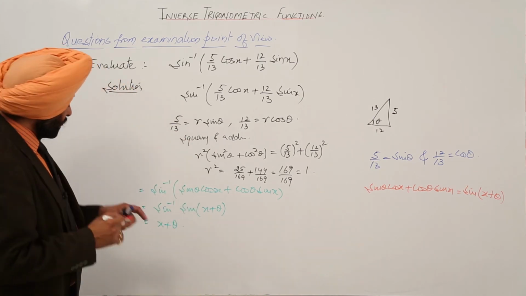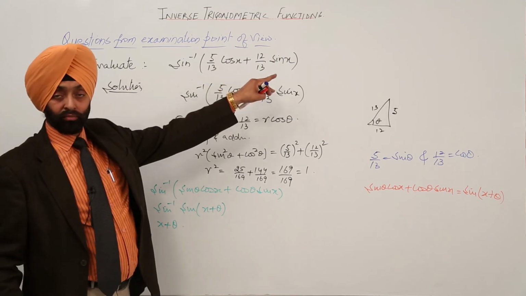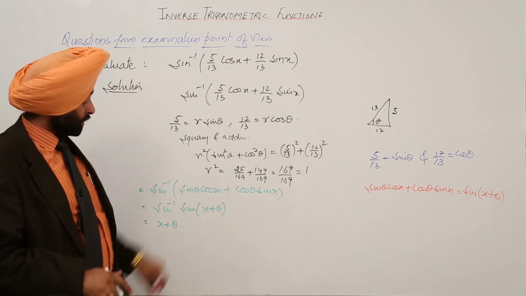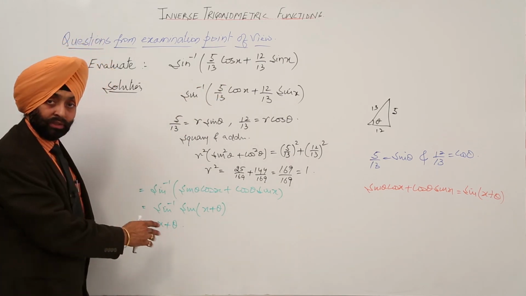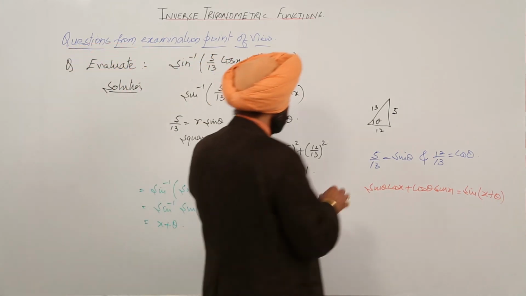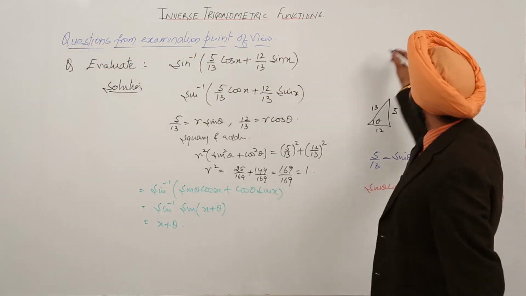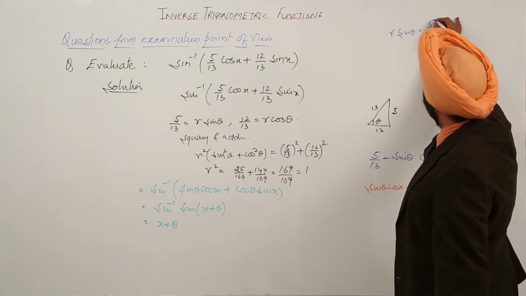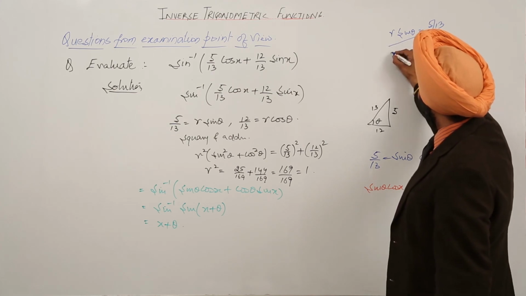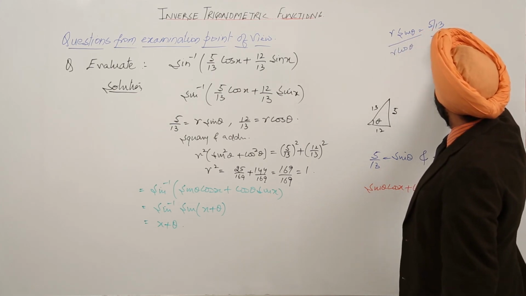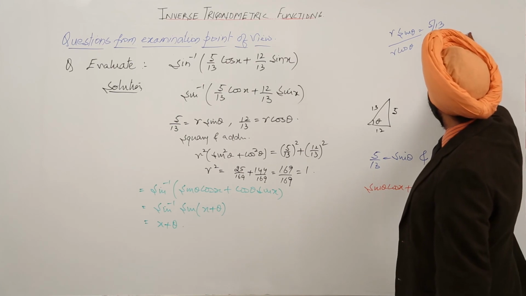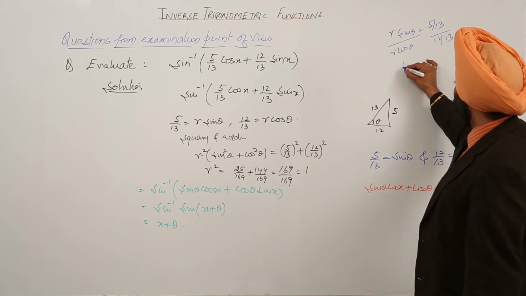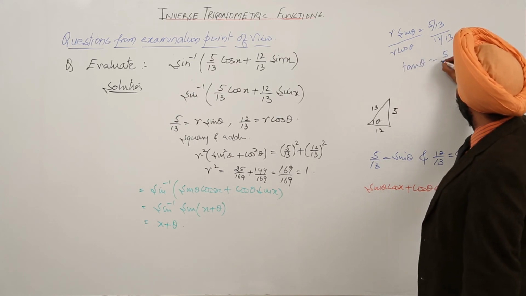Now the variable in the question is x, not theta, so what should we write in place of theta? We have r sin theta equal to 5 by 13 and r cos theta equal to 12 by 13. Putting r equal to 1, we get tan theta equal to 5 by 12.